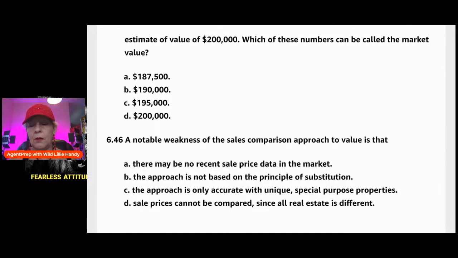So depending on what the market is like, if there aren't that many properties that have recently sold within the last 6 months, or if it's a fast market, 3 months, 1 month, then that is a weakness because we can't find any recent sold properties, right? And it says there may be no recent sale price data.